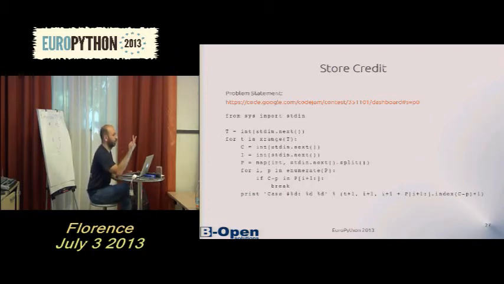It would be the case in which you have two items with the same price, but your credit is exactly twice the price of these items. Why? Because we know that since it's unique, two items with the same price could be skipped, but not in that particular case. So this is the problem with a lot of optimizations. You might not see immediately all corner cases.